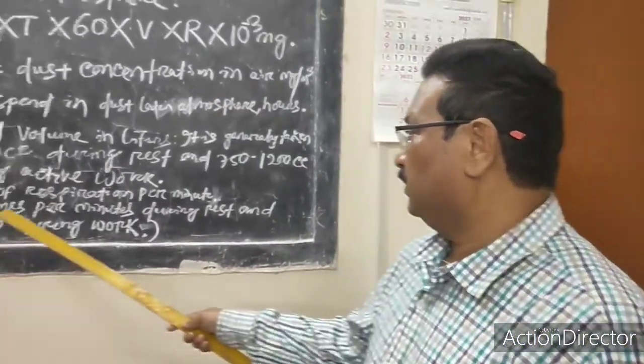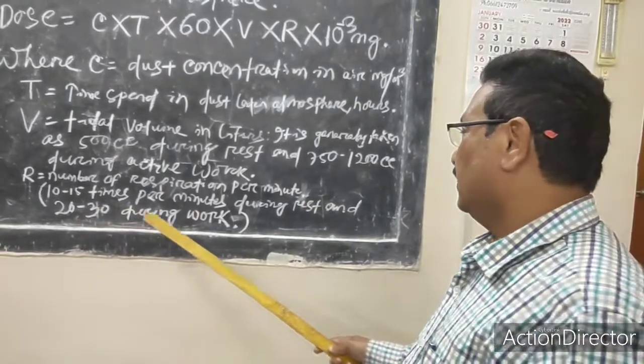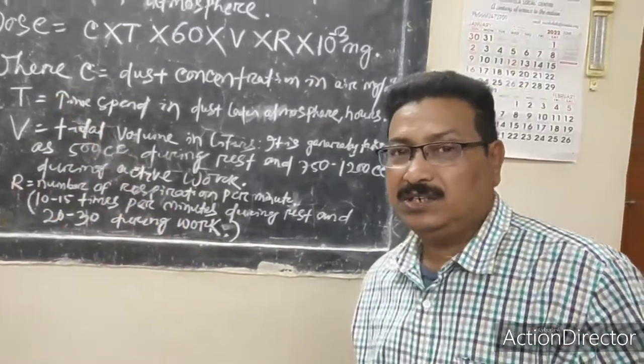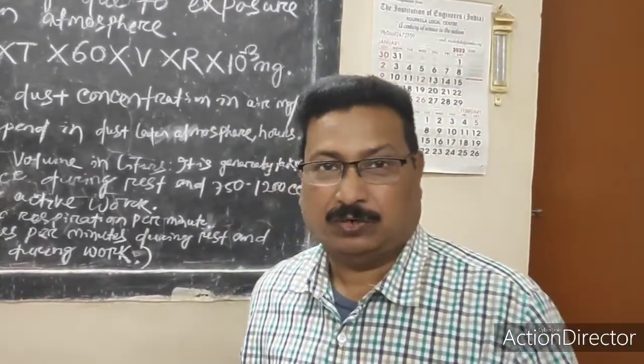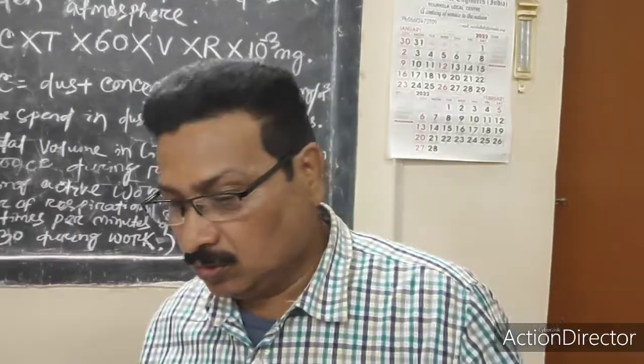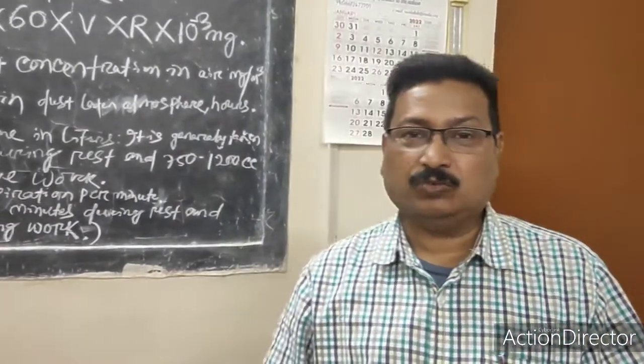Okay, 10 to 15 times per minute during rest and 20 to 30 times during work, and it depends on the physical condition of the person and the nature of the work. So that's about your personal dust sampler. I think you have understood about the dust sampler, its principle, how it measures, its objective, etc. Okay.